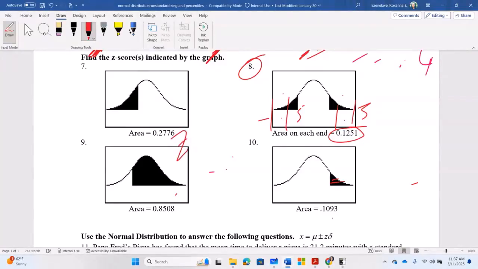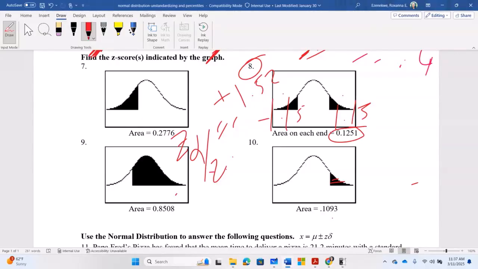So Z alpha over 2, I'm going to explain that later on, is plus or minus 1.52, because there are two tails. We call them two tails.